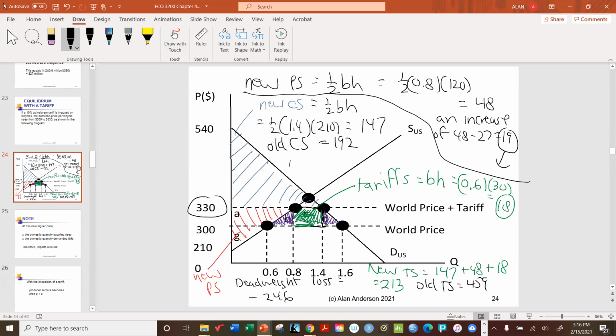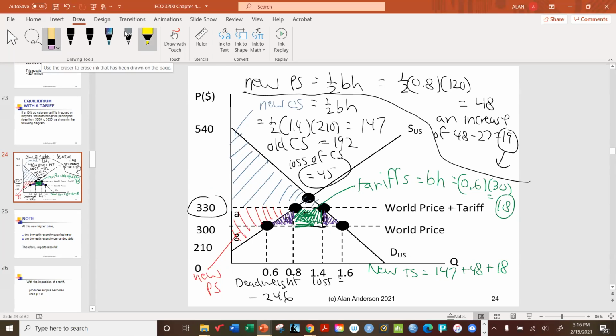That's better. So the loss of consumer surplus is 45. That's still going to leave us behind because you can see that the new total surplus, let's fix that. No, this part is fine. Let's leave it. 147 plus 48 plus 8 is 203.